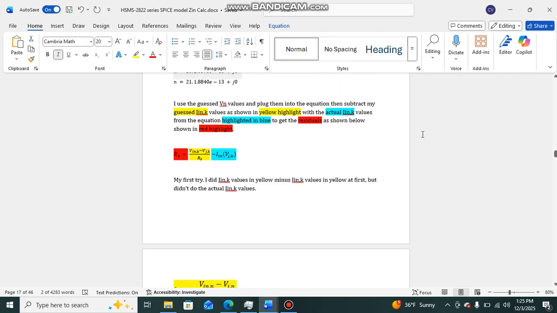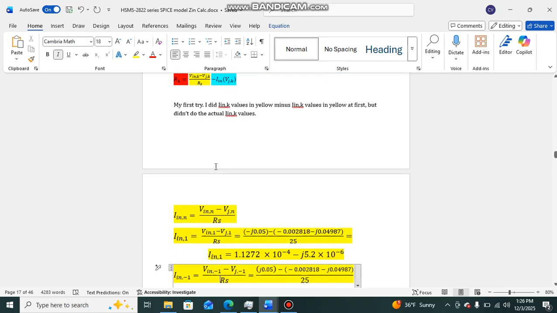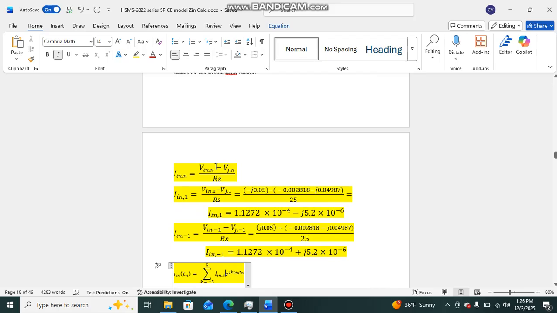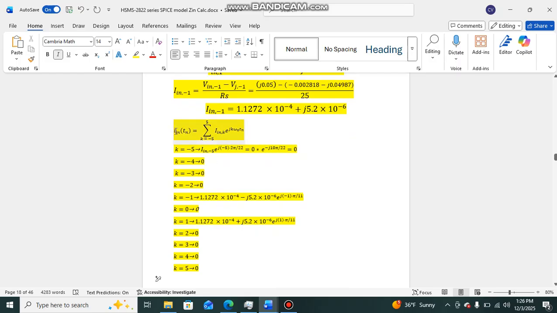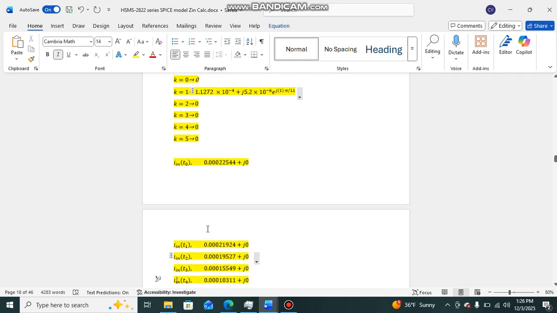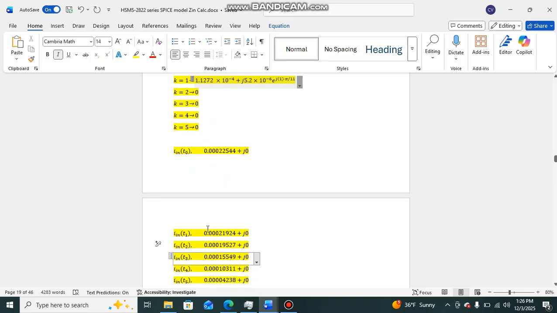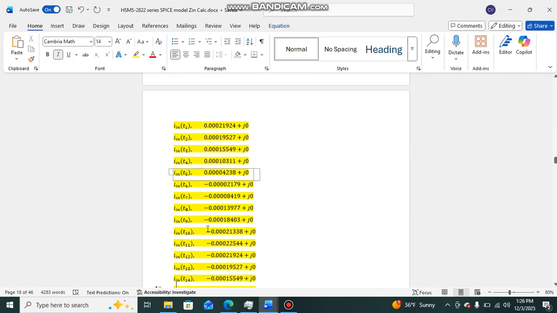But if your residual is not close to 0, then it's not going to be accurate. That impedance that you calculate is not going to be accurate. So at least we have the values here for the fundamentals. And then when you add all of them together with their n values from 0 to 21, we get these values here.